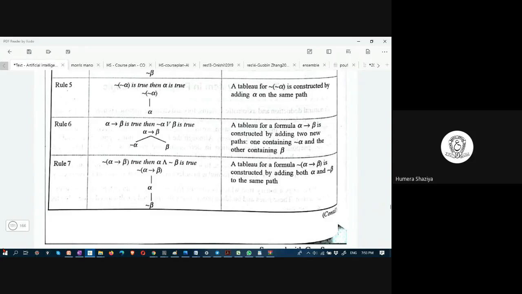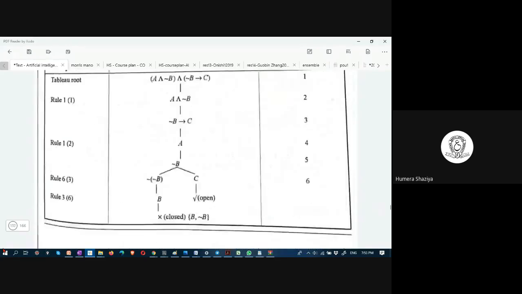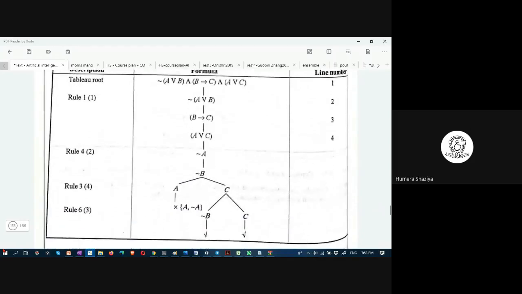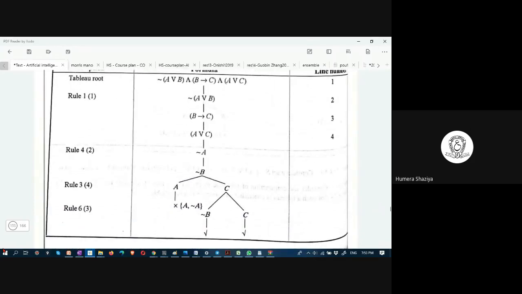Alpha implies beta: not alpha, beta. Alpha implies beta means A implies B. So you can write here not B, C. When you write not B, C, if you apply this rule number 6, then only one path is closed this way and these two are open.